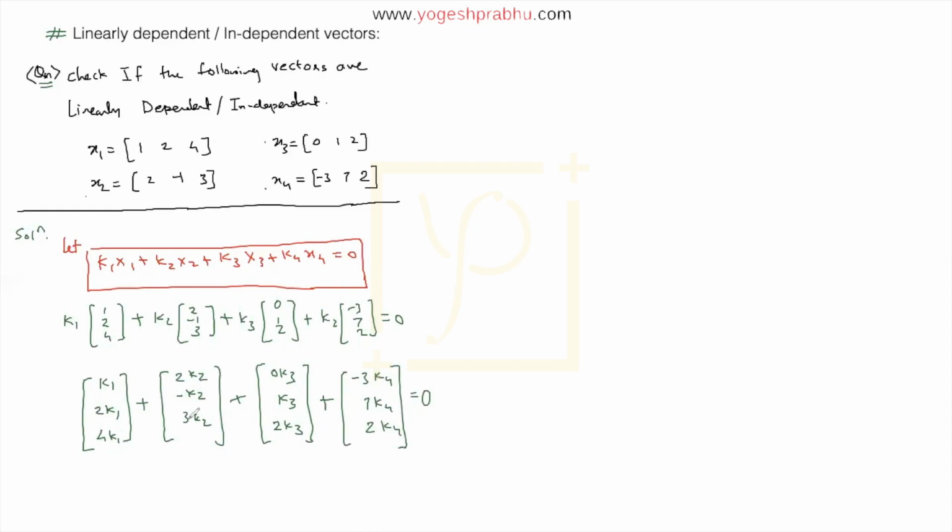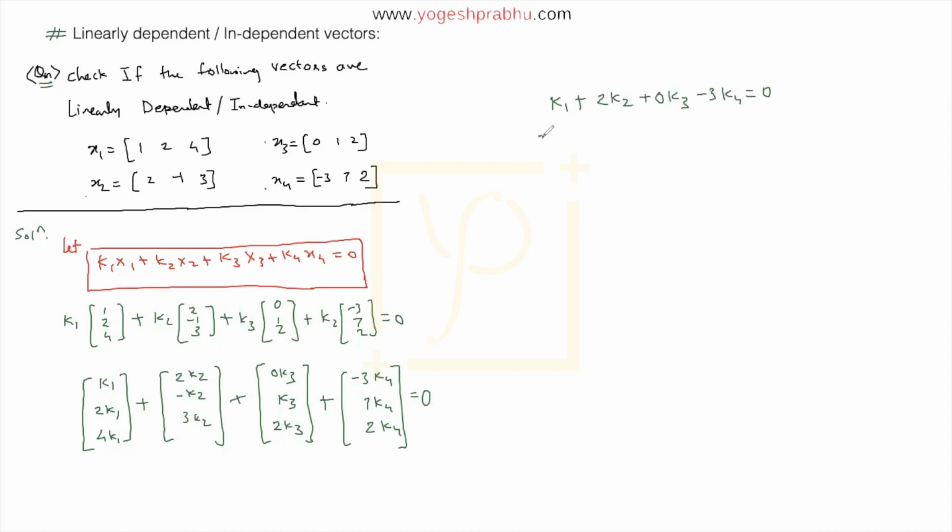Now once you get this as an expression, from this we can separate. This is a matrix, this is a vector form. We can just separate these like this. So I'll write down equations like k1 plus 2k2 plus 0k3 minus 3k4 is equal to 0. I wrote the first values of all these vectors here, and I got the first equation.